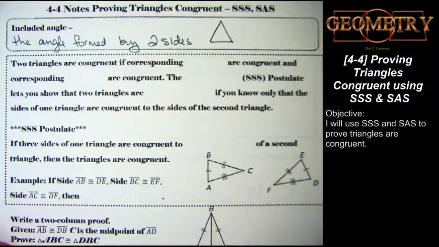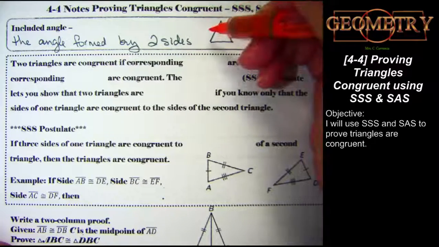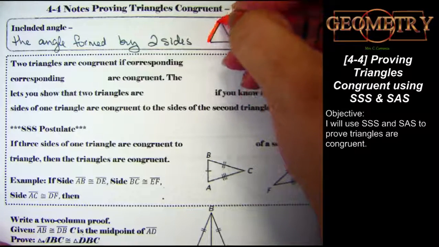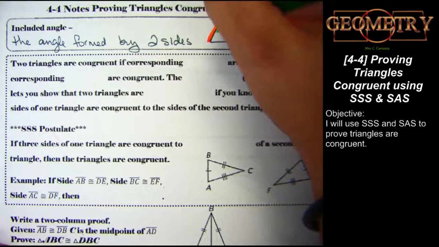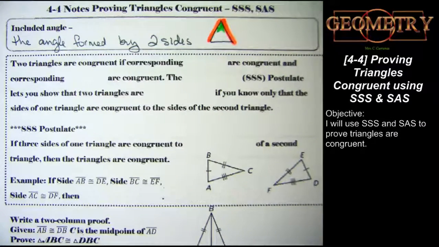I have a triangle. I have a highlighter. Oh, I've got two sides. The included angle then would be this angle right in here that gets created when you sweep from one side to the next side. That's the included angle, and so that's one of the ones that we're going to be focusing on today.